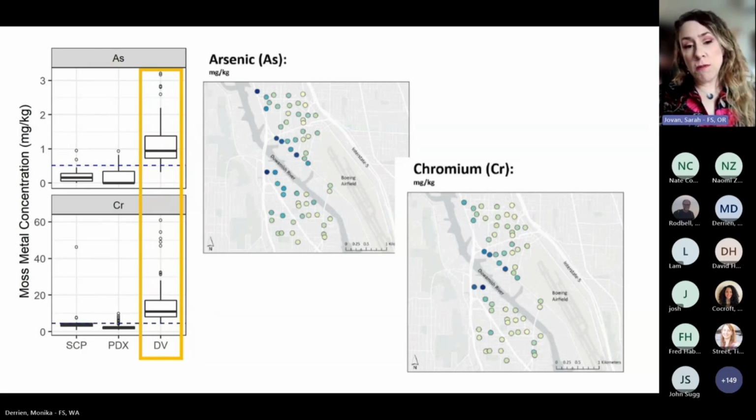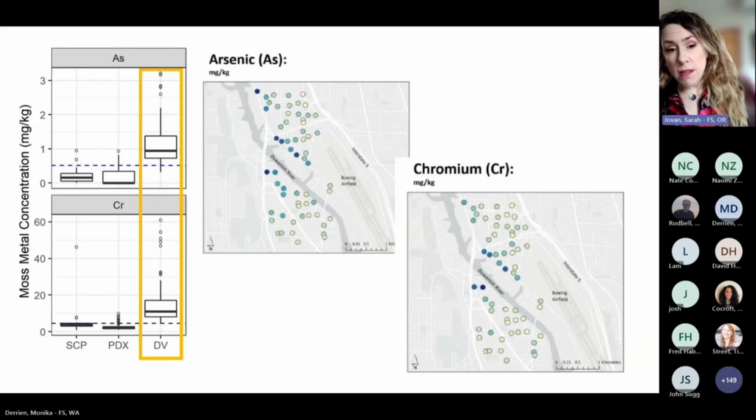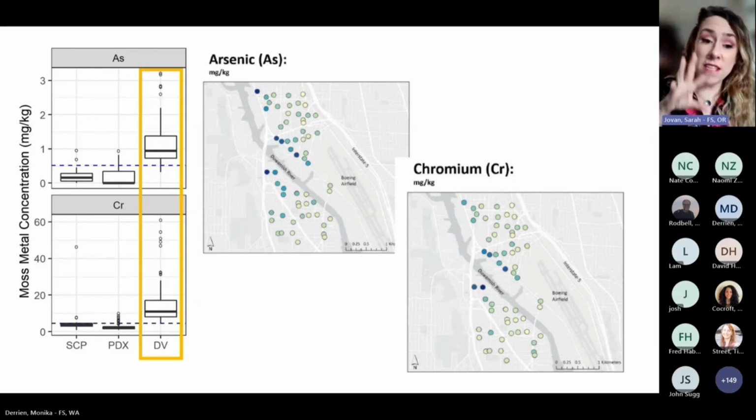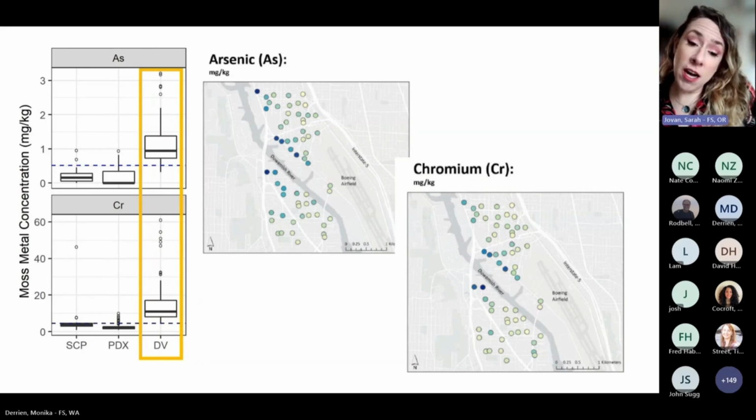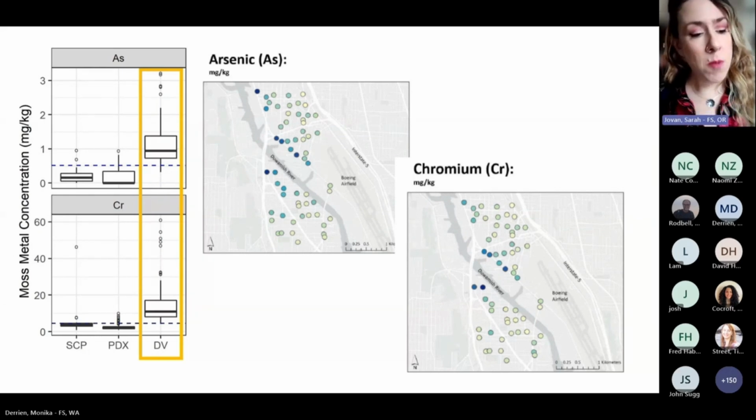If you look to the right at the two maps showing the color-coded arsenic and chromium concentrations in these moss samples, what the box plot tells us is that even sites further from that industrial core, where you see the darker dots and higher arsenic and chromium, even those further out sites that are light blue and white, are still really high relative to what we'd seen before.